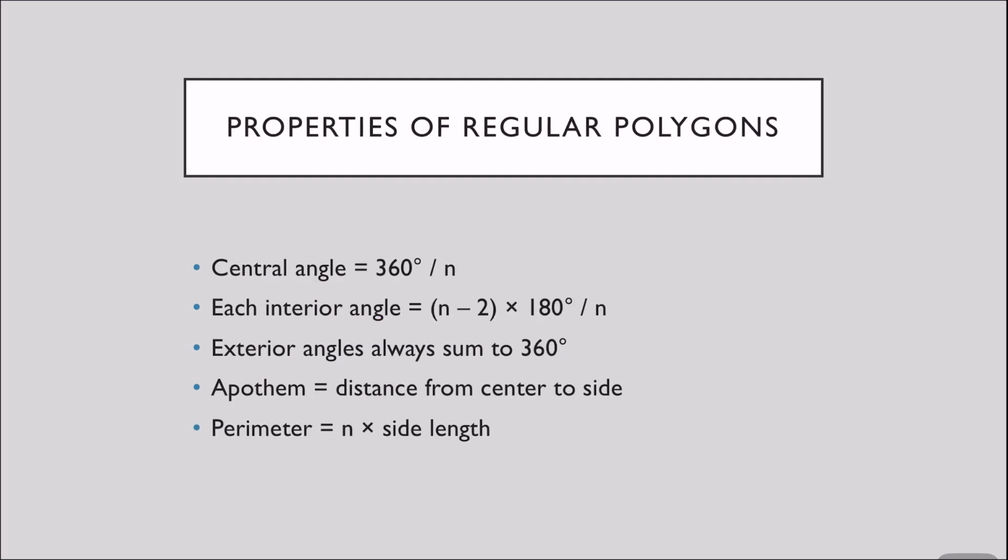Let's talk about regular polygons. Ano ang properties ng regular polygons? Again, when you say regular polygons, di ba sabi natin equal ang length, no? Pare-parehas ang interior angles. Okay, so let's dive more into that. Your regular polygons, to know the central angle, okay, all you have to do is to divide 360 by the number of sides.